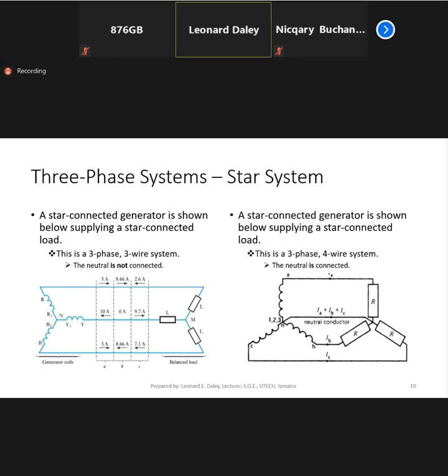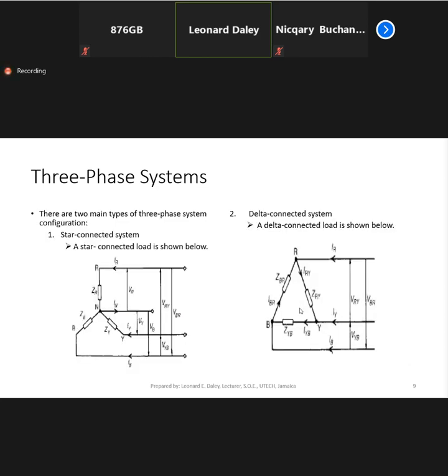Right, so there's no physical neutral in the delta. But there's actually a neutral point, a fictitious neutral point, right at this point where the arrow is pointing. But there's no physical neutral.